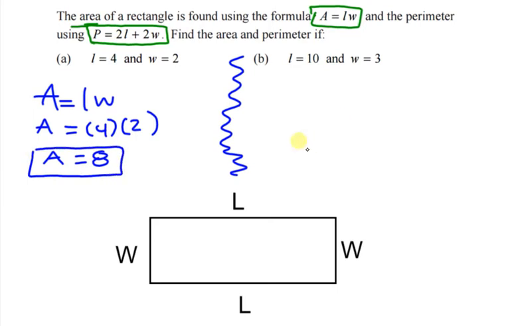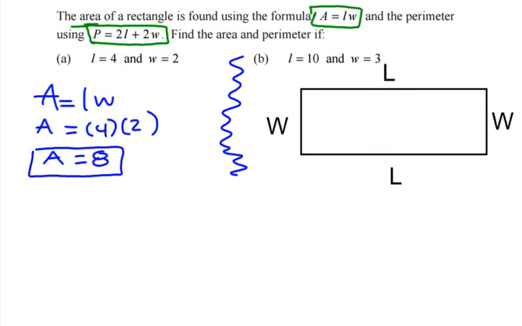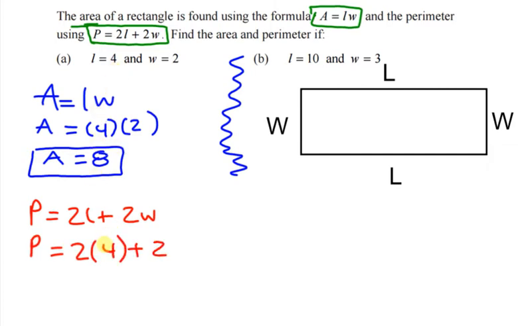And I'm going to move this picture over here for now so we have more room. Now we need to work on perimeter with this same set of formulas here. Okay, so perimeter equals 2L plus 2W. And we're familiar with this one because we just used it. So perimeter equals 2 times L, L is 4, plus 2 times W, W is 2.